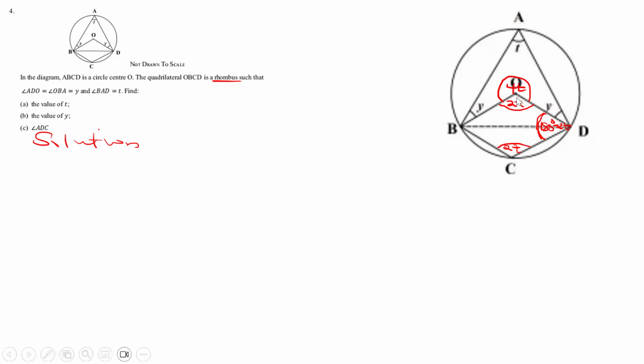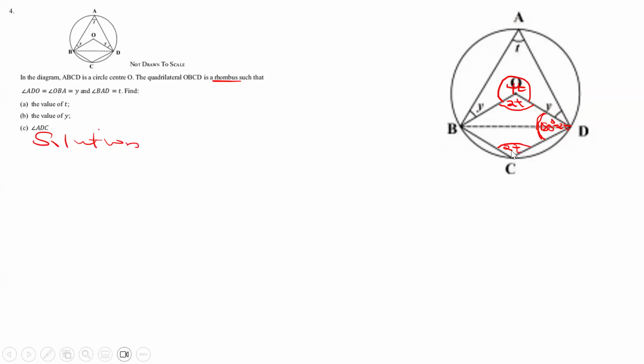No, you see, when we are talking of a rhombus, the opposite angles. If you want to write that, then you have to write 180 not minus 2t, but 180 minus t. If you are using that, then it means you are using the opposite angles of a cyclic quadrilateral, and you end up getting the same value for t.